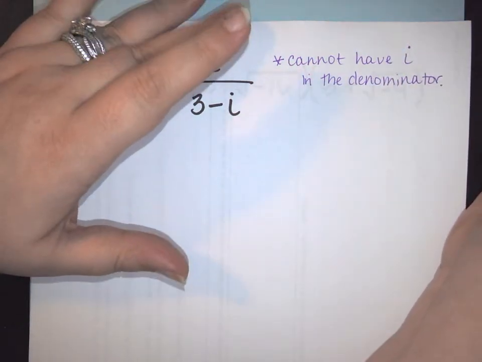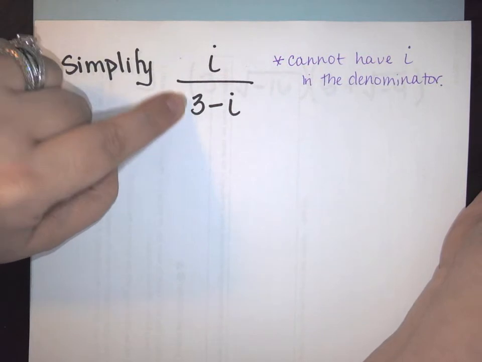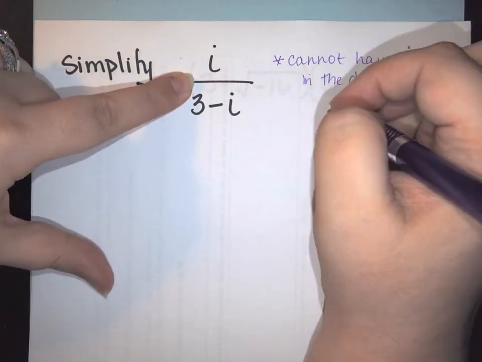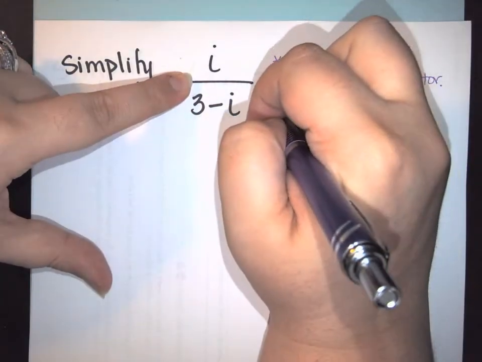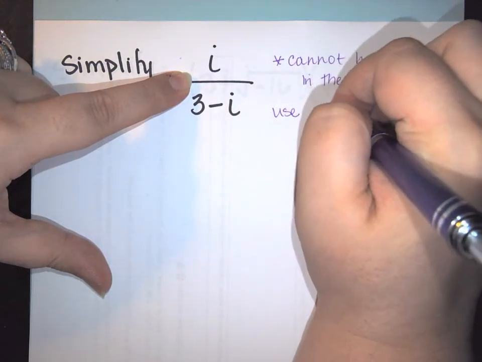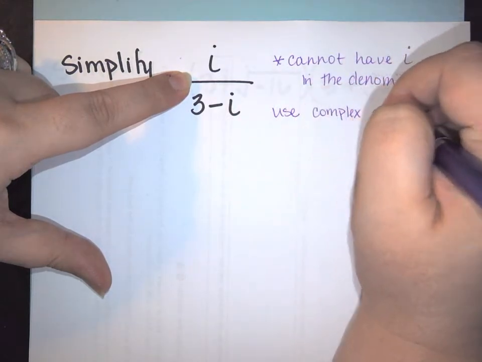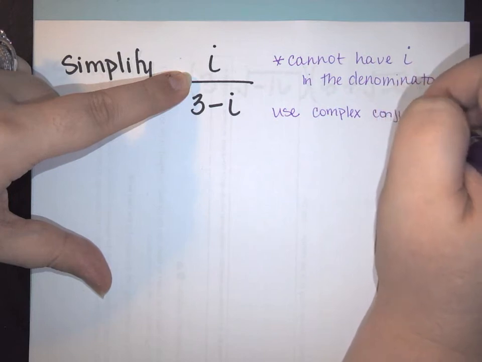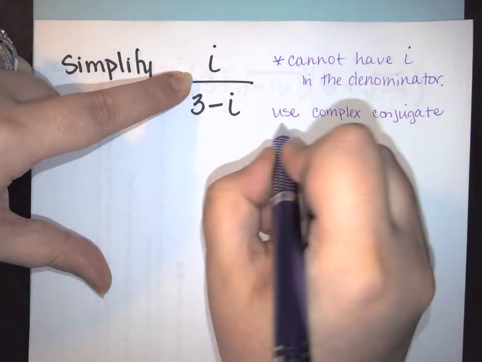So this means that I have to rewrite this equation, but I have to use a very specific fact. I need to use your complex conjugate. Okay, so this is what we have to do.